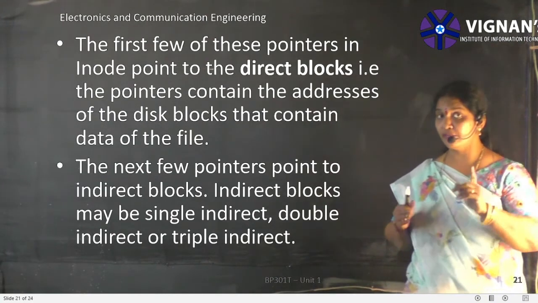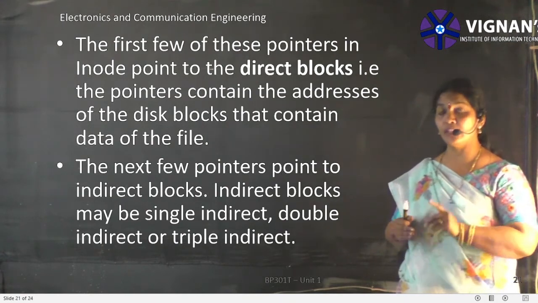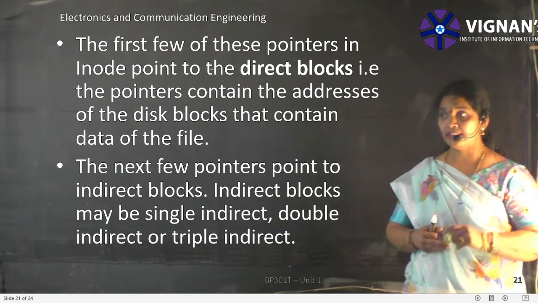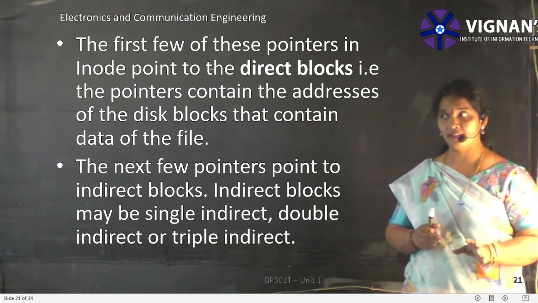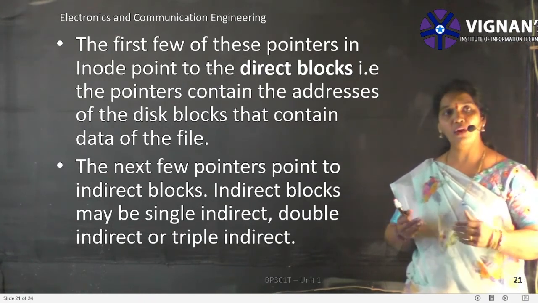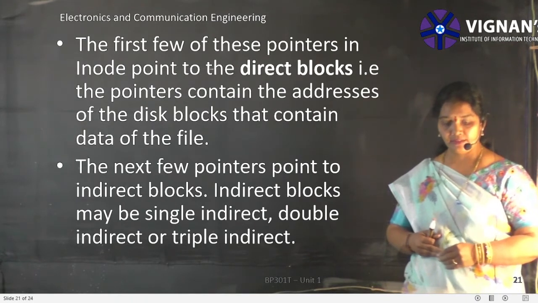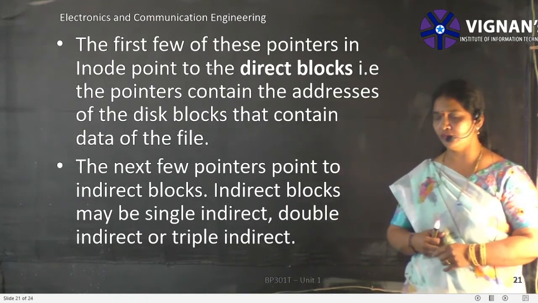The next few pointers point to the indirect blocks. That is, the indirect blocks may be single indirect, double indirect, or triple indirect, which is shown in the following figure.